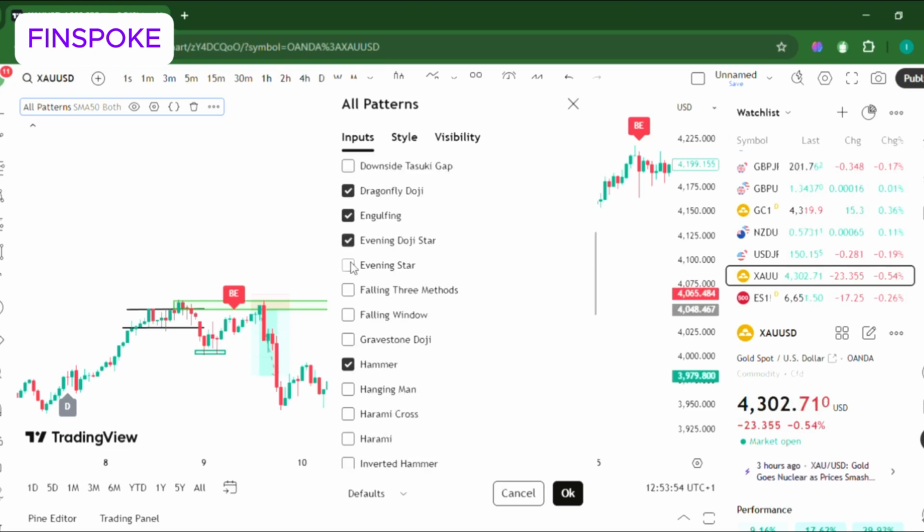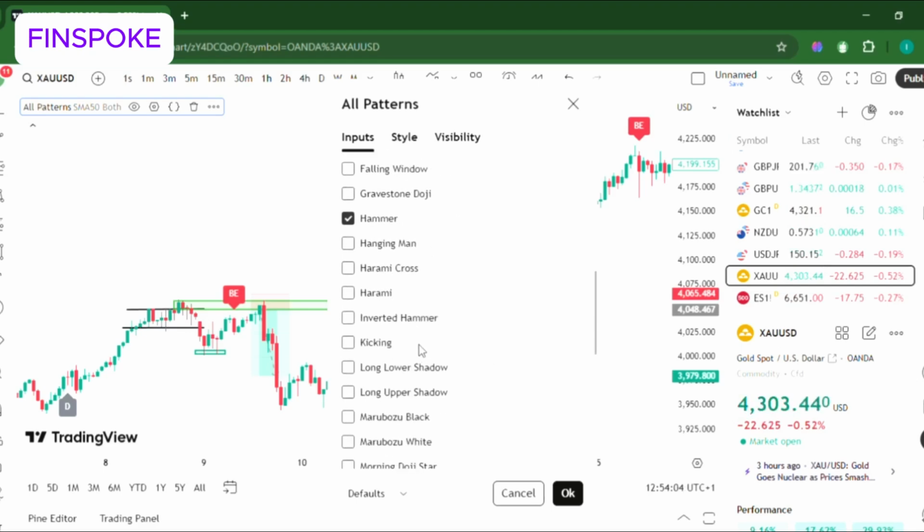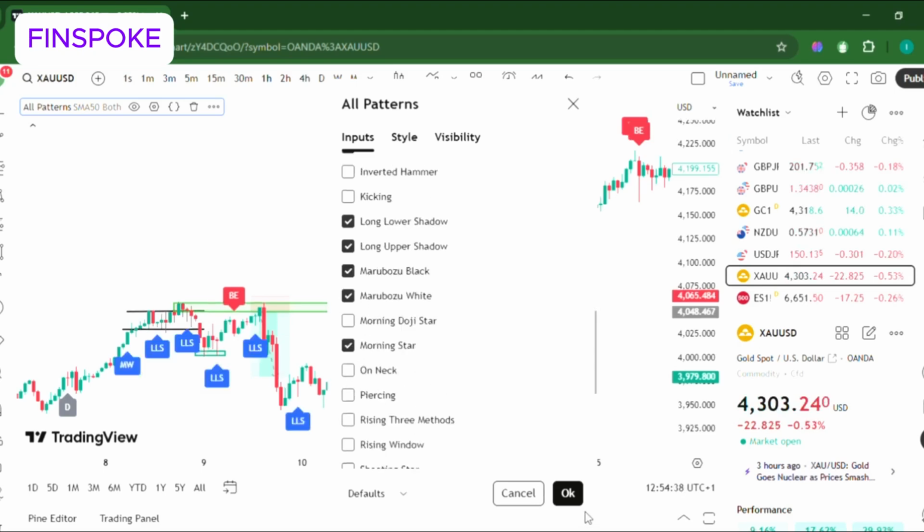Any one you want, you tick, and they will start appearing. Don't tick too many candlesticks at the same time because you get confused, depending on what you are looking for, and it comes with a name. When you are done ticking the ones that you want, you click OK.